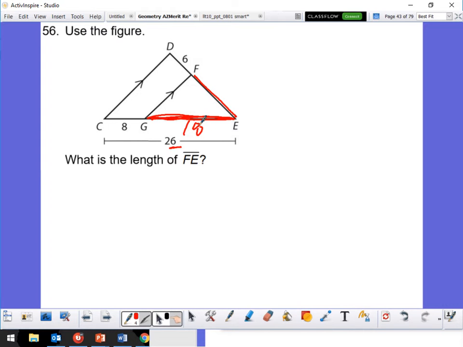We're going to set up cross products again. I want you guys to try it real quick.